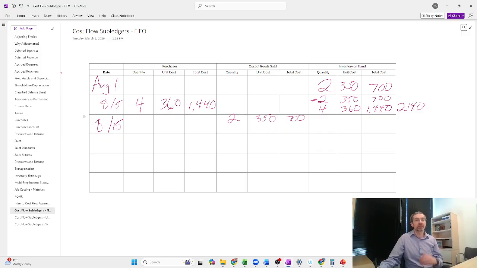And if we sold a total of 4, well, that 2 doesn't cover it, so we must go to the next layer, and we sold 2 of the $360 ones, and that cost us $720. So the 2 together, what would go in our cost of goods sold journal entry? That's $1,420 as the total.